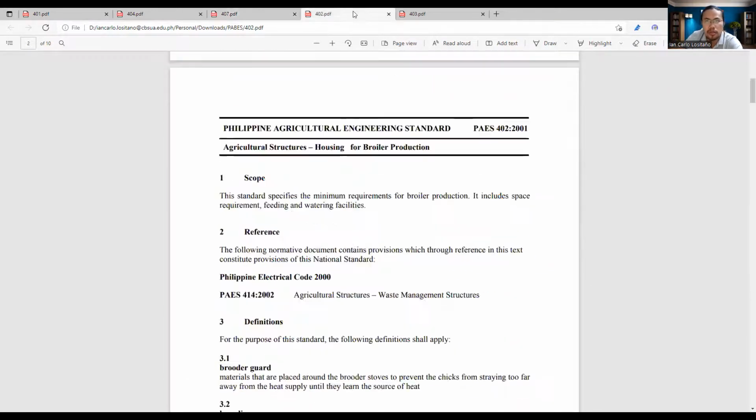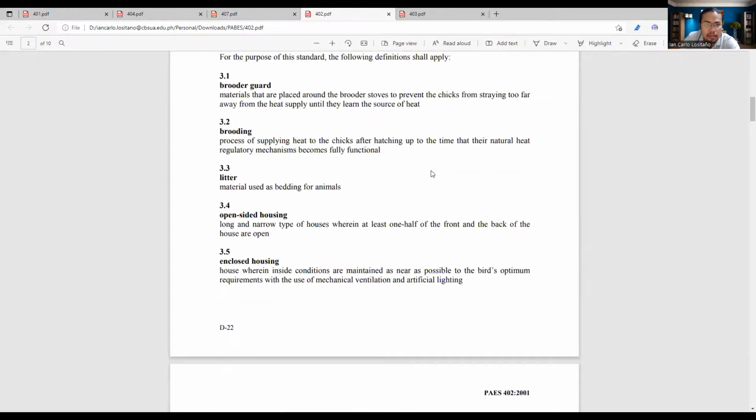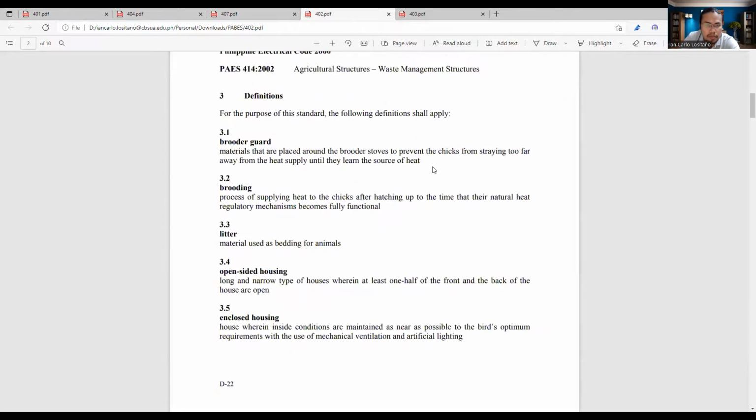Now we proceed with the housing for broiler. This is for chickens to be grown for the meat. Again, the definition of terms and references, the student or learner is expected to know of this already.